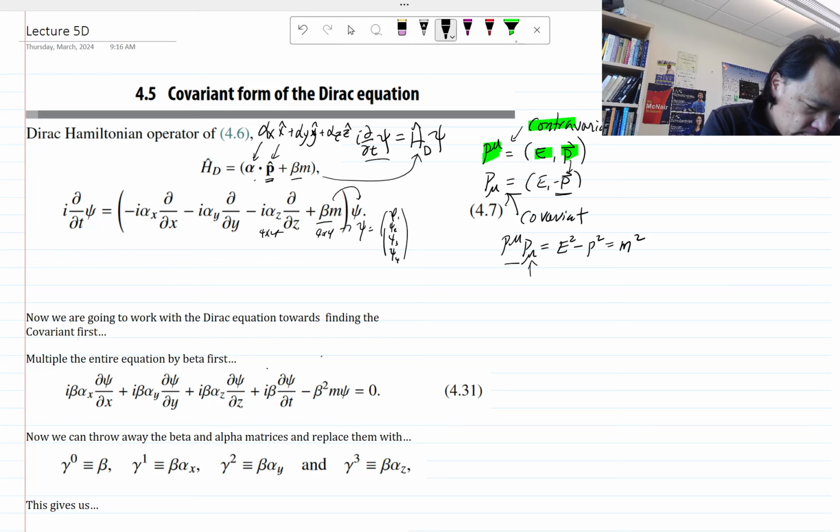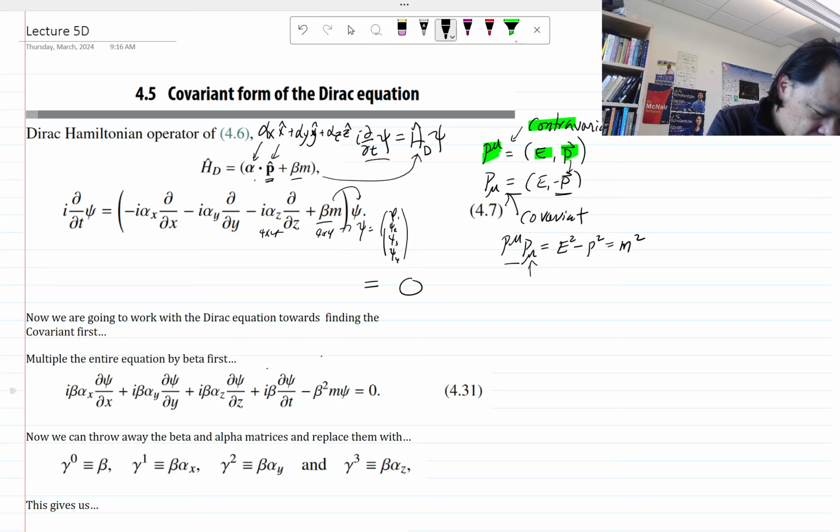I'm going to rearrange things before we get started in this section so that it looks in the same order as what we're going to see in equation 4.31. I'm going to set this whole thing equal to 0 by moving everything to the left hand side.